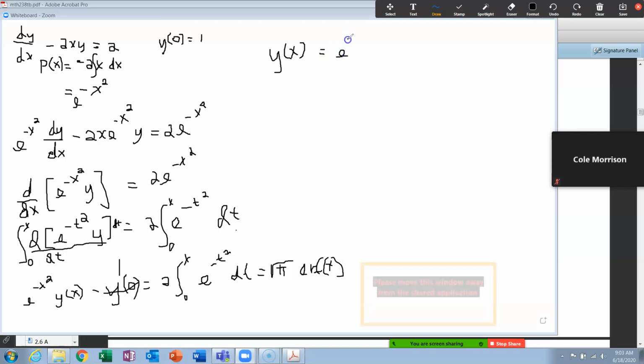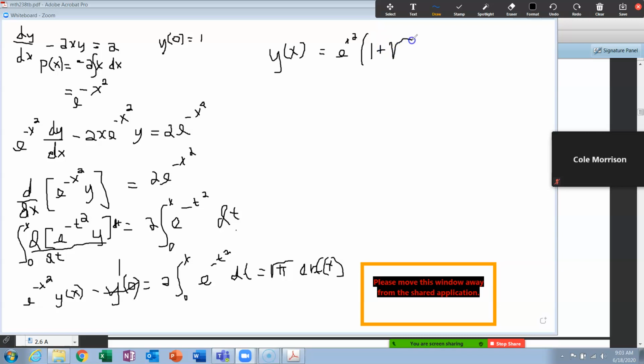E to the x squared, it's pretty ugly writing, okay, times 1 plus root pi times the error function of x.